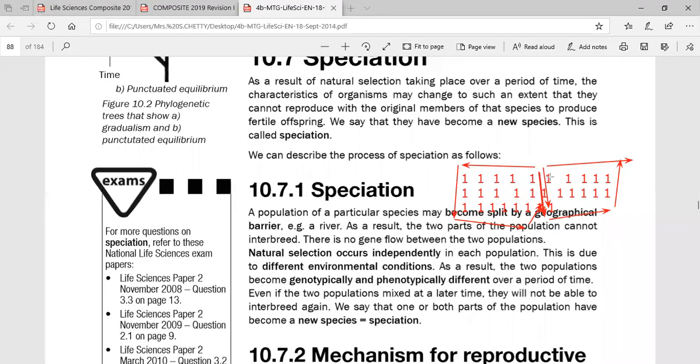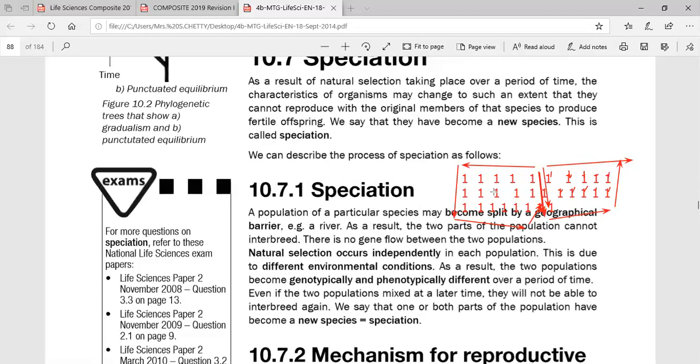If this environment was the same as its original environment, and this environment was different, then you would find that these organisms become genotypically and phenotypically different. Most probably they will get some other features to them. I'm just showing you some other features, so they look different from those. They become phenotypically different from the original population. So if this environment was completely different from that, natural selection happens here, natural selection happens here, but this could stay the same as its original.